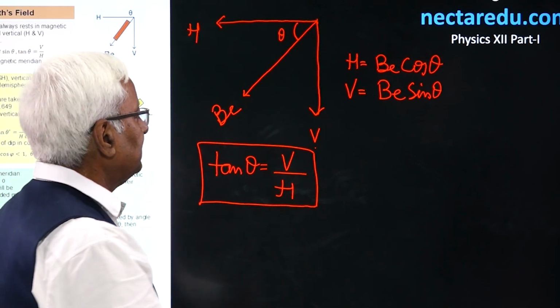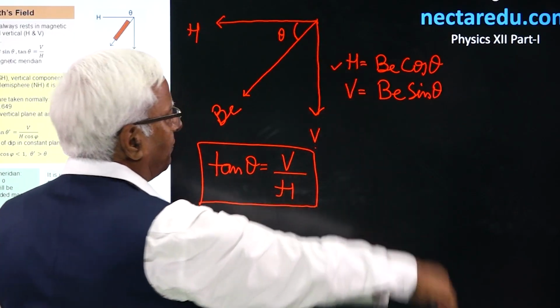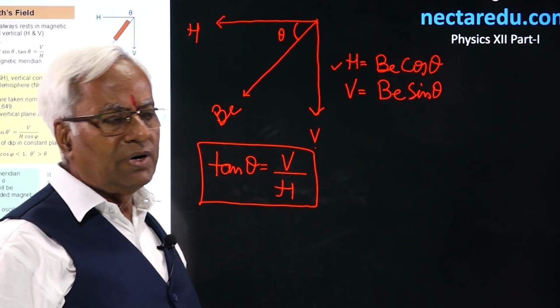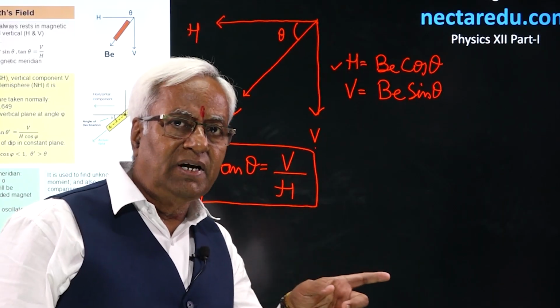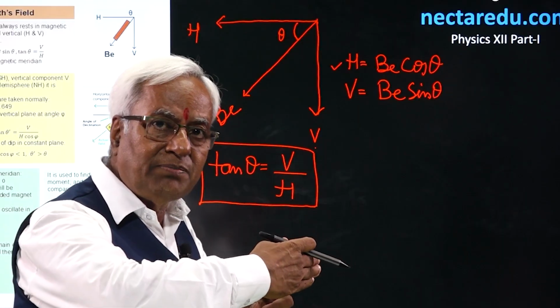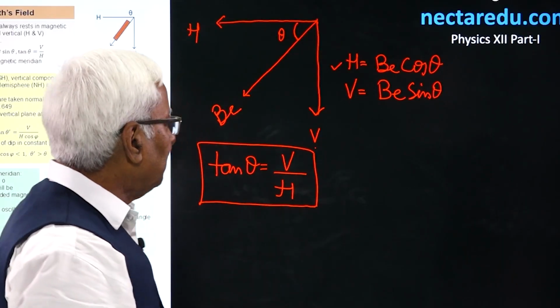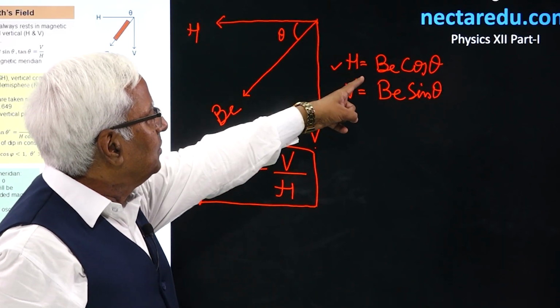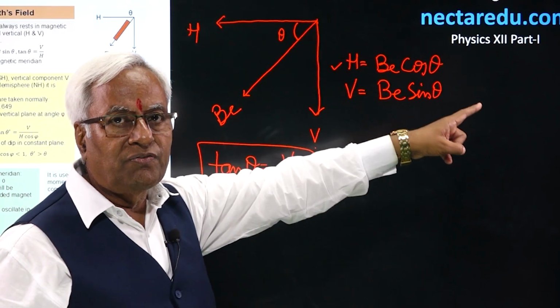In that case, H will not be effective, because H will always be in the magnetic meridian, and you are choosing a plane at angle phi with the magnetic meridian. Then the effective horizontal component is going to be H cos phi.